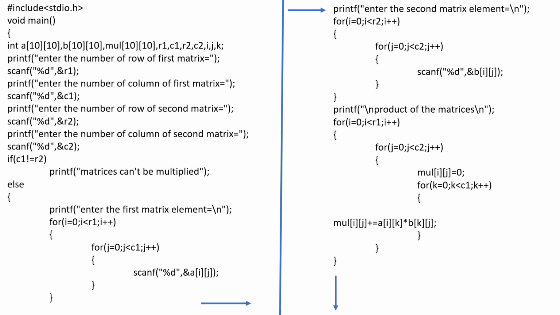Thus reading all the elements of the first matrix. In the same way, reading elements for the second matrix. Then performing the multiplication of the first and second matrices.